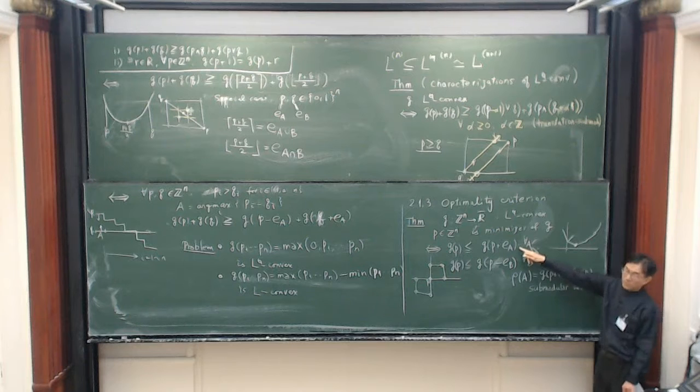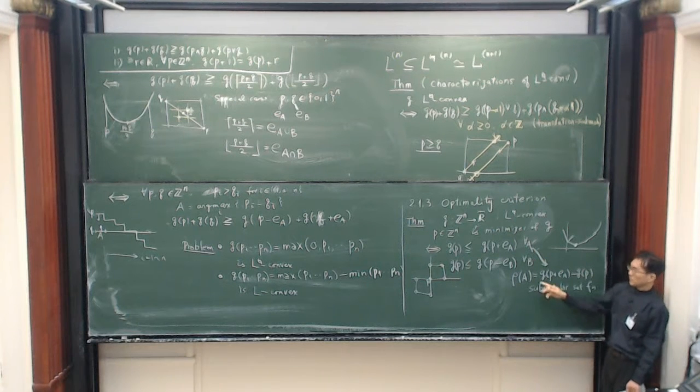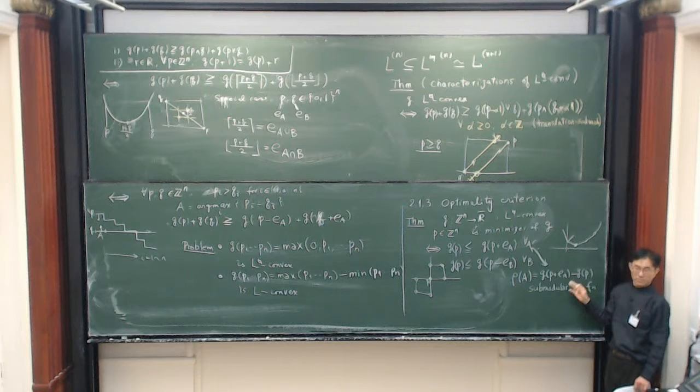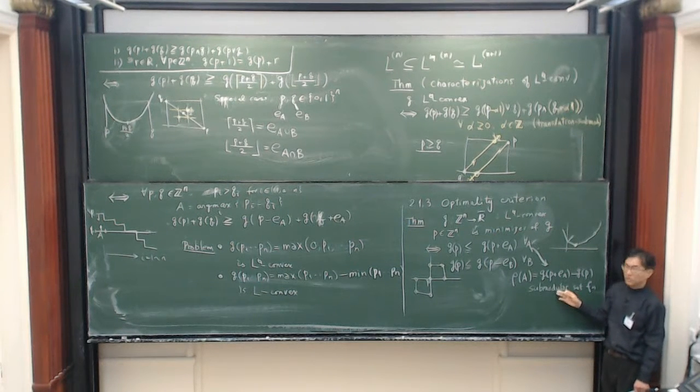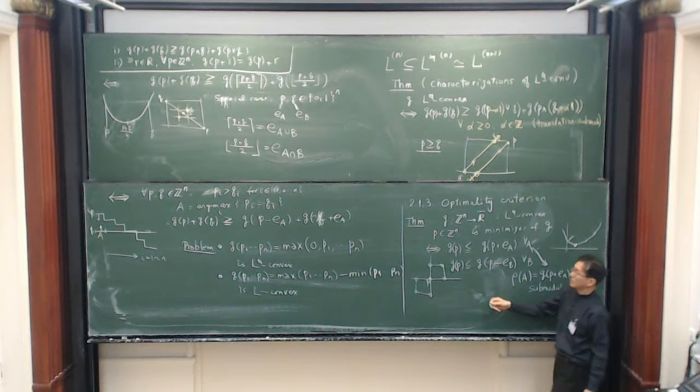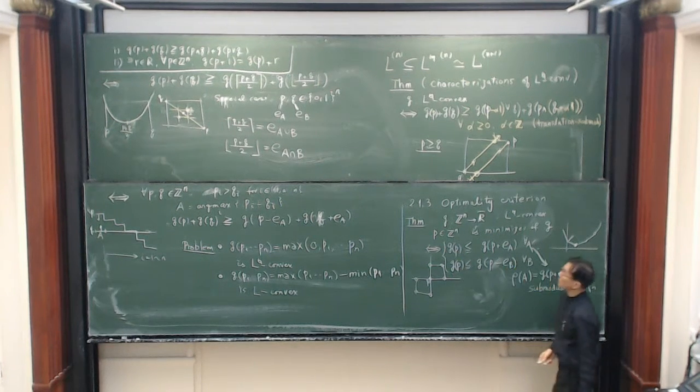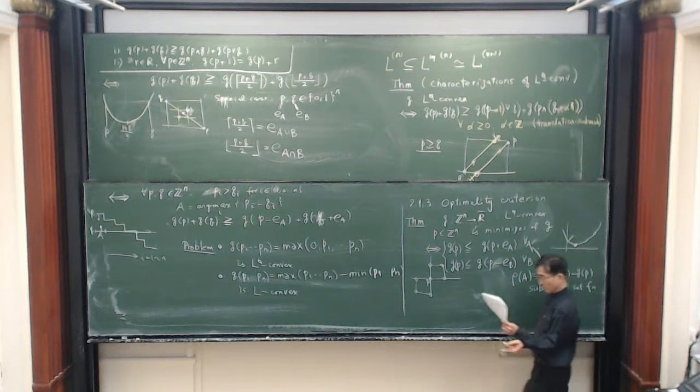So the condition here is that a submodular set function defined in this way has the minimum value 0. And we can use a submodular function minimization algorithm to verify this condition. Okay? So efficiently we can solve this problem. And similarly for this. Okay? So this is the local optimality condition for L.